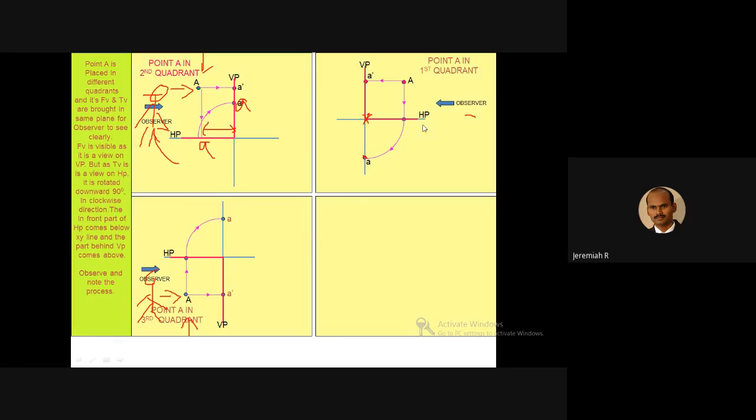So what is the difference here? In the first quadrant and third quadrant, the most important thing is this is called front view or elevation, and this is called top view or plan. So the front view you are getting here.